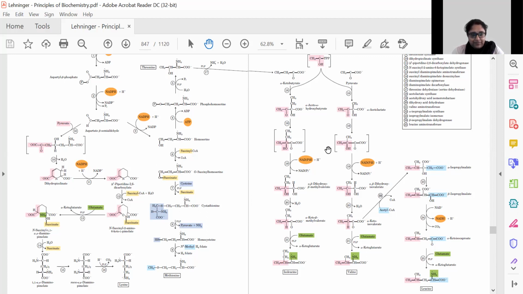So first, let us look into the biosynthesis of lysine. So you know that lysine, methionine, threonine, isoleucine, valine, and leucine, they are all essential amino acids. So our 9 essential amino acids are this lysine, methionine, threonine, leucine, isoleucine, valine, and then what we have studied: histidine, phenylalanine, and tryptophan.